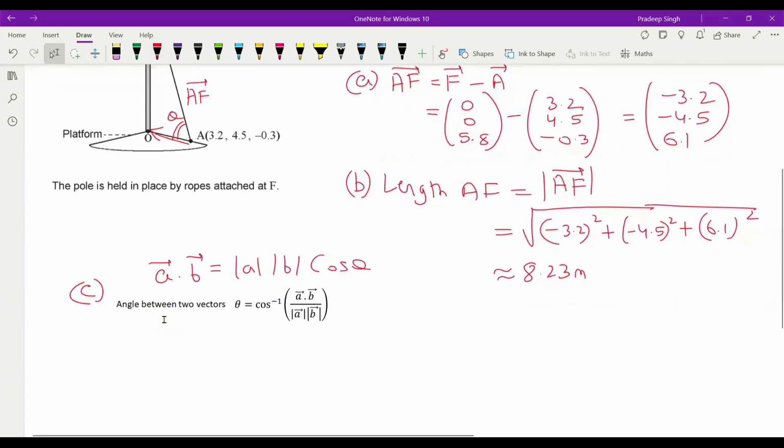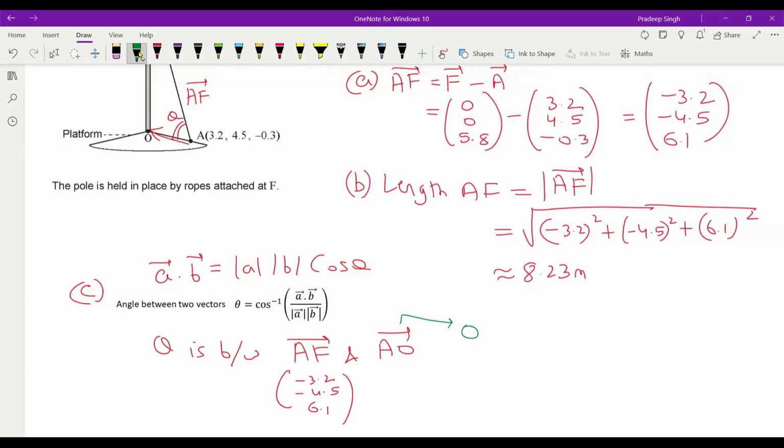So the angle theta is between AF vector and AO vector. AF vector we already found out, so let's write that down: minus 3.2, minus 4.5, 6.1. And AO vector can very easily be written as O vector minus A vector.